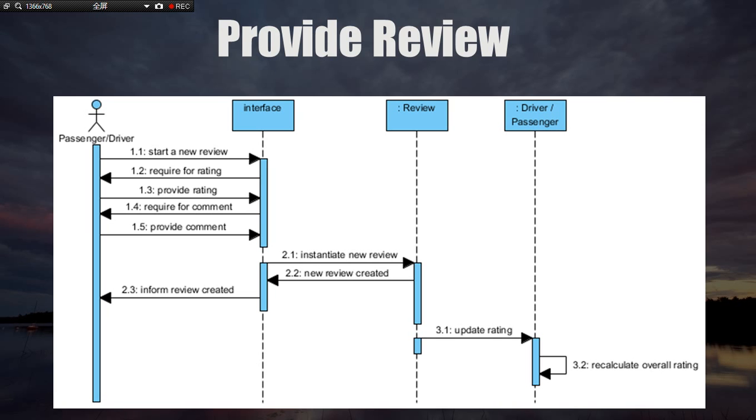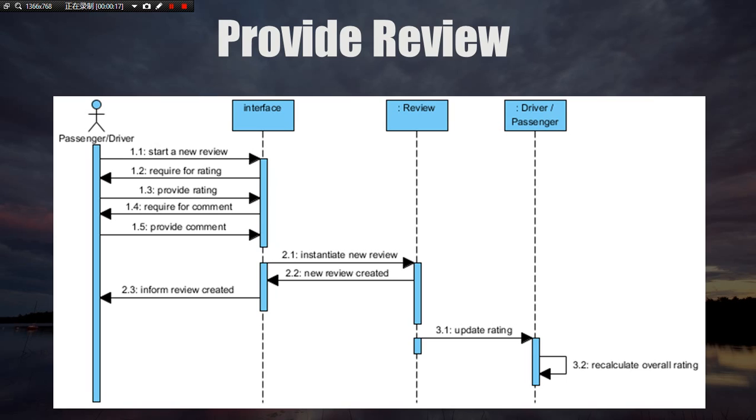After the trip, both passenger and driver could choose to write a review for the other party. They can start a new review by clicking the Provide Review button, and the system will require the user to input a rating for the trip and a comment for the trip.